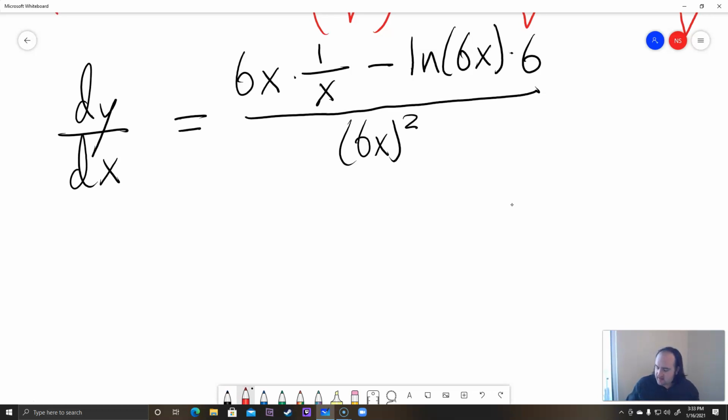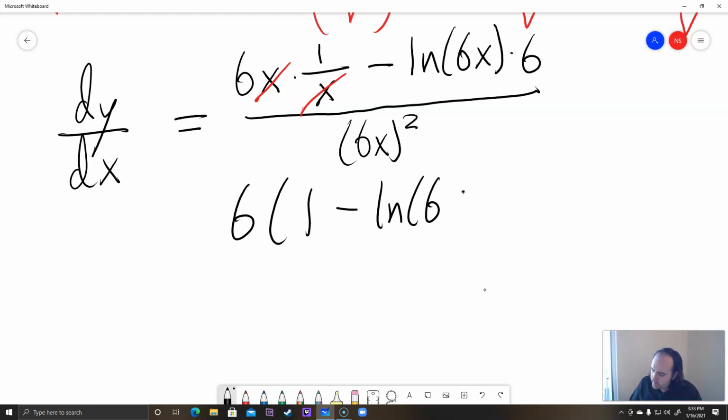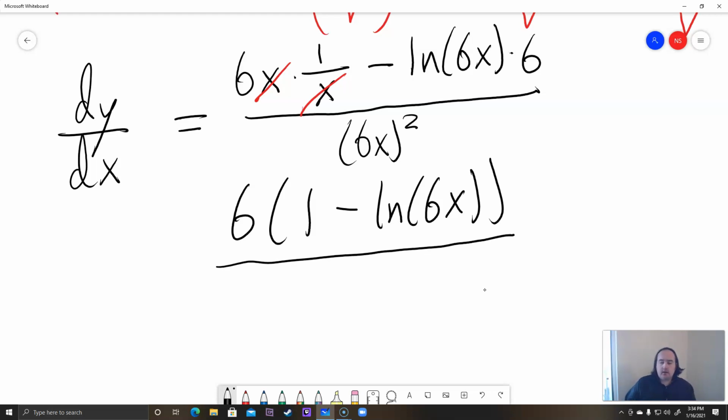Those x's are going to cancel with the 6x and the 1 over x. Beyond that, there's not a whole lot to simplify here. But one thing we can do is factor out a 6 on the top. If I factor out a 6 on the top, I'm left with 1 minus ln of 6x. Then on the bottom, if I square the 6x, remember that as long as things are just multiplied together, you can distribute the exponent.